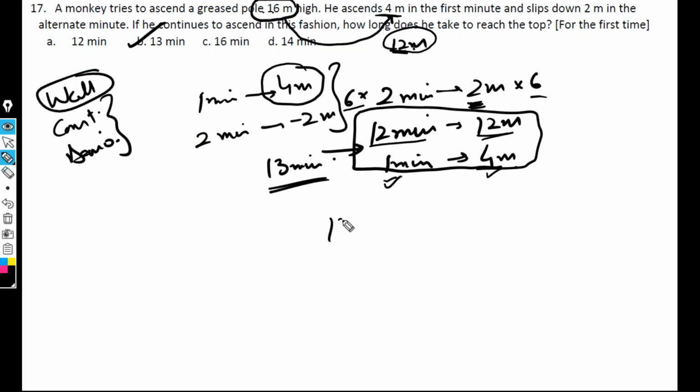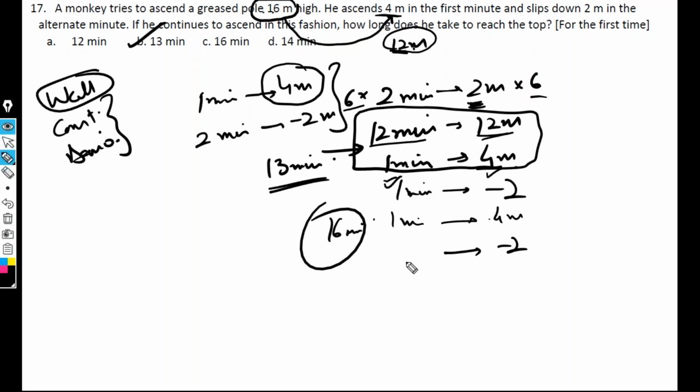So when you give your answer as 16 minutes, what you are doing is in the next subsequent 1 minute, you are bringing it back 2 meter down. So after this, work left is another 2 meter. Again you are taking it 4 meter above in the next minute, and in the next minute you are bringing it 2 meter down.